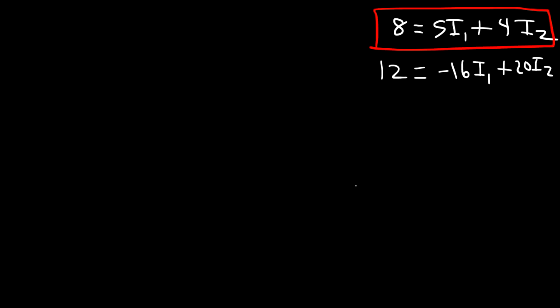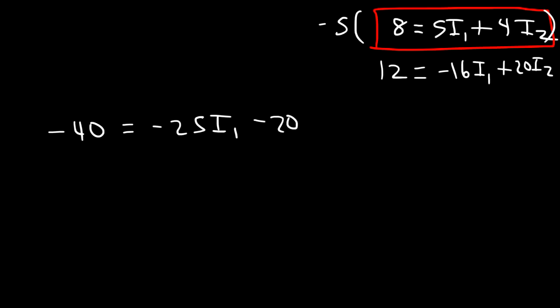So now let's focus on those two equations. Let's cancel I2. So all I need to do is multiply the first equation by negative 5. So it becomes negative 40, which is equal to negative 25I1 minus 20I2. And then I'm going to rewrite the other equation right beneath it.